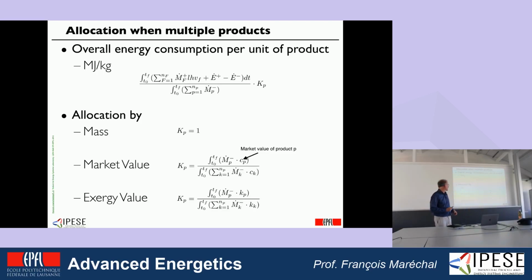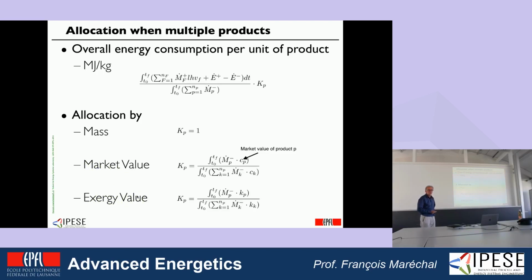Okay, so it's not always so easy to do the allocation, and here I'm proposing different types of allocation to allocate the energy consumptions to the right product. So you can allocate by mass, so it means that then you consider that the masses are equivalent to the market value or to the energy or to the exergy value.